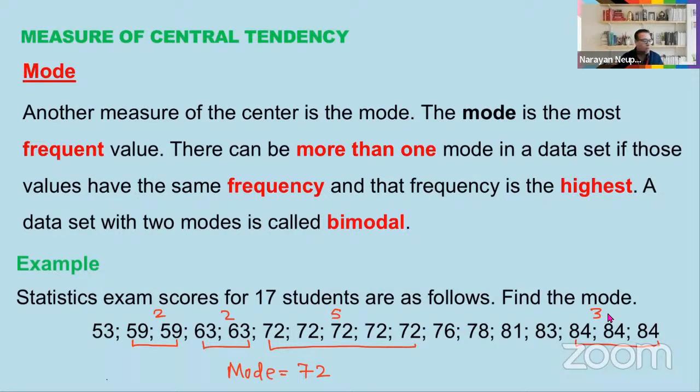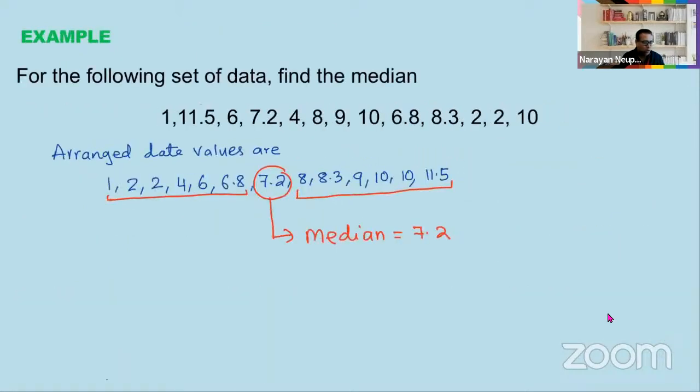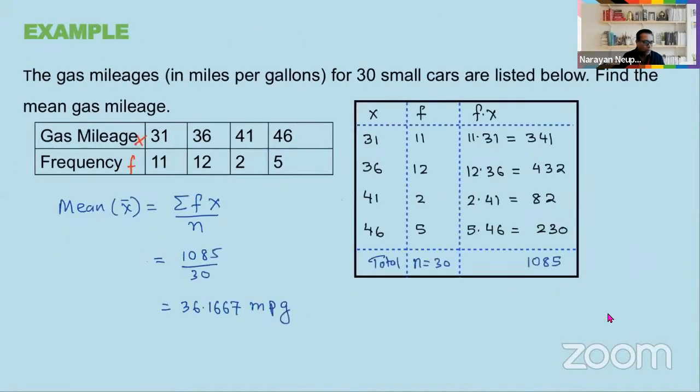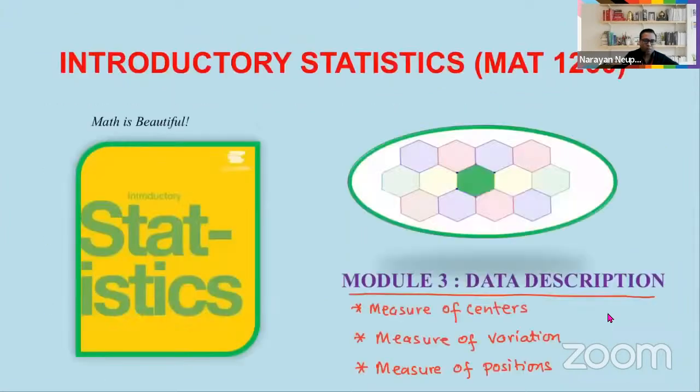So that is the first part of our course. If I go all the way back to my first slide where I was talking about the 3 different things we are studying here, the first one is the measure of center, and this includes mean, median, and mode. And we are done with that.